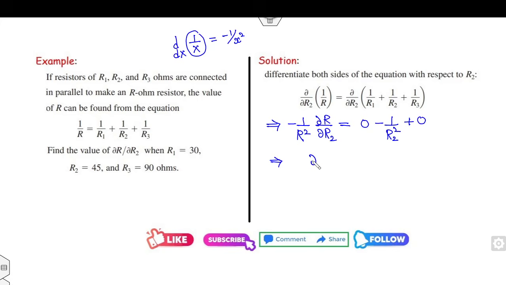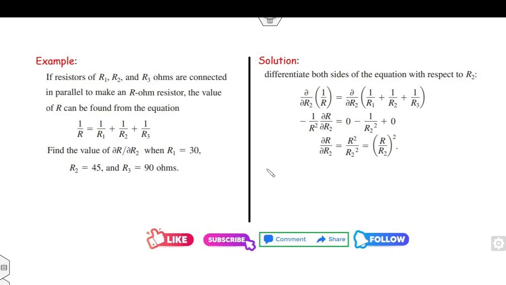Now, can you find the value of del R upon del R2? Minus will be cancelled out. It's R square over R2 square, or you can also say that it's R over R2 square. Fine. Now your target is, given the values of R1, R2 and R3, to find the value of R. I can substitute in this equation, which is equal to 1 over 30 plus 1 over 45 plus 1 over 90.